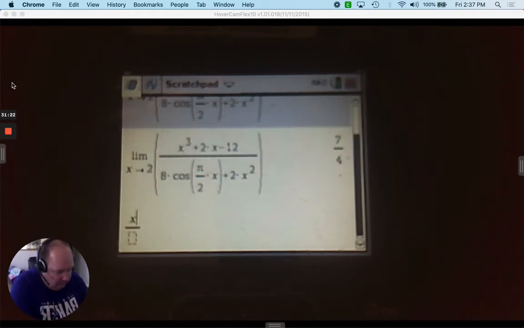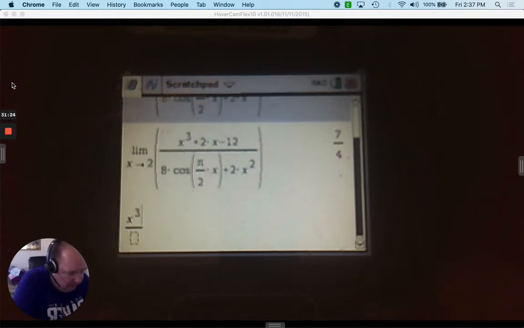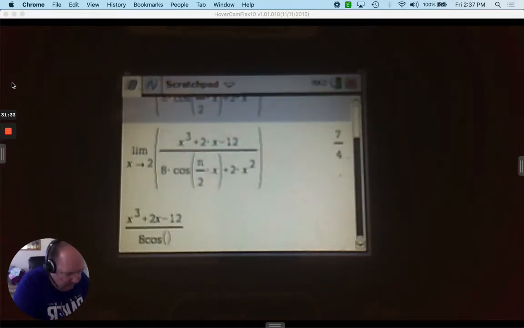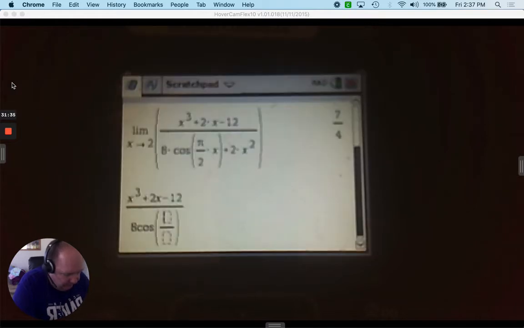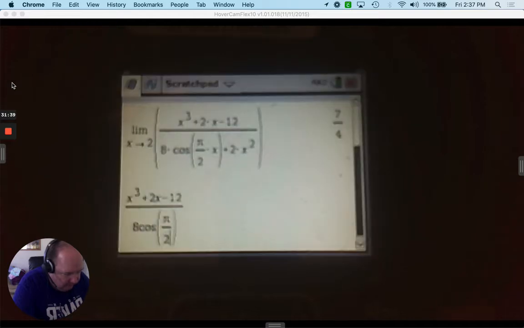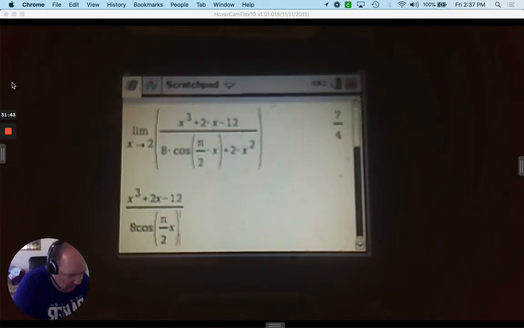So x cubed plus 2x subtract 12, 8 cosine pi over 12, or pi over 2, x, plus 2x squared. So make sure I typed it in correctly.